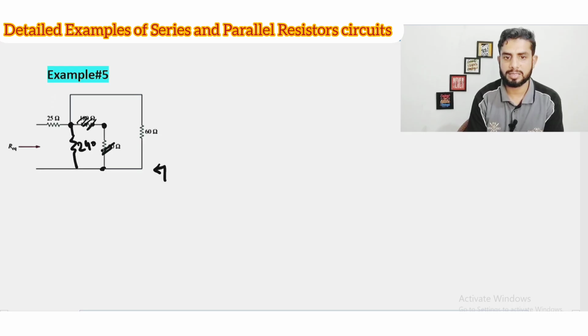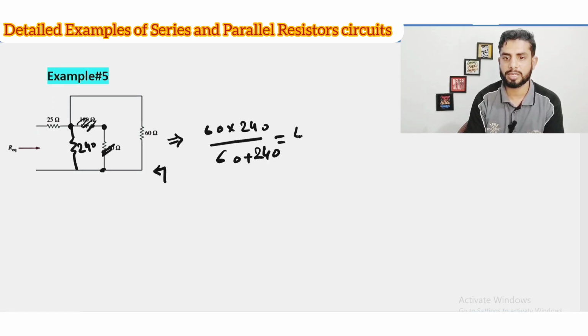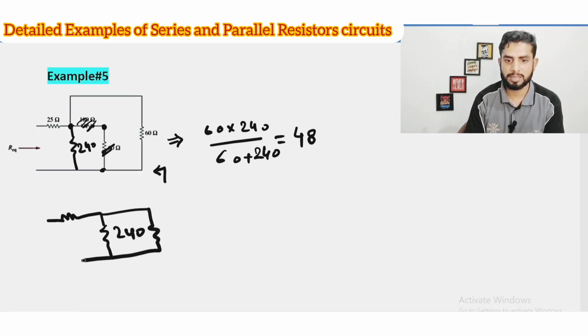240 and 60 will be in parallel. Their equivalent resistance will be 60 into 240 divided by 60 plus 240. It will be 48. So the resultant will be 48, and this was 25. This was 240 in parallel with 60, and their combination, 60 into 240, was 48, and this was 25.